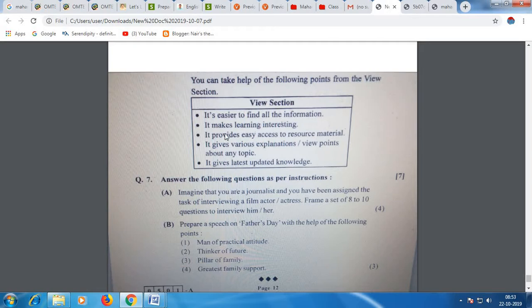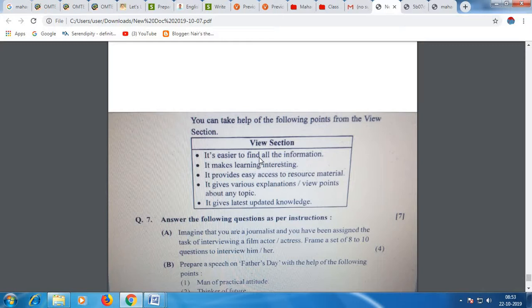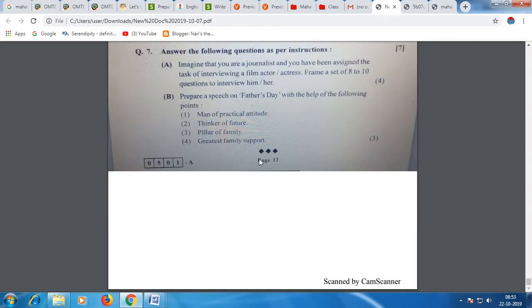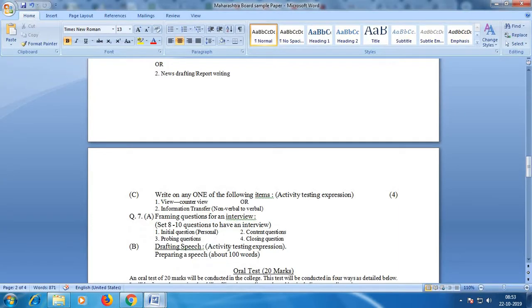So it's actually wrongly presented. The question here is about prepare a speech on Father's Day, and the remaining part is man of practical attitude, thinker of future, pillar of family, greatest family support. So these are the varieties of question given to us in the question paper.